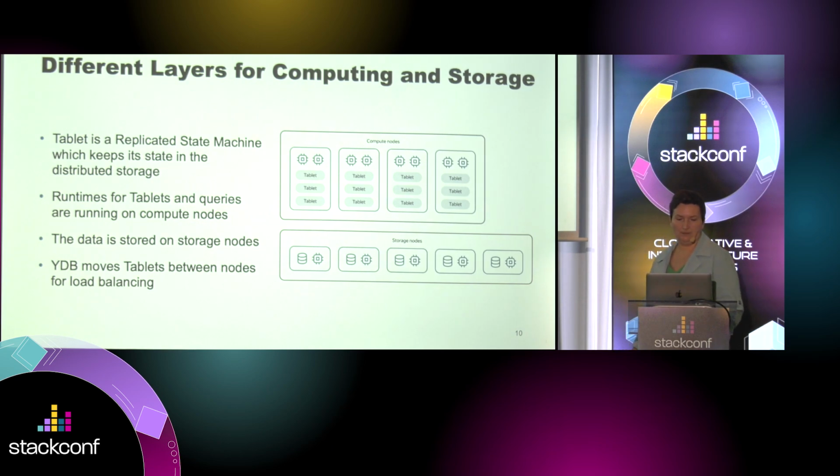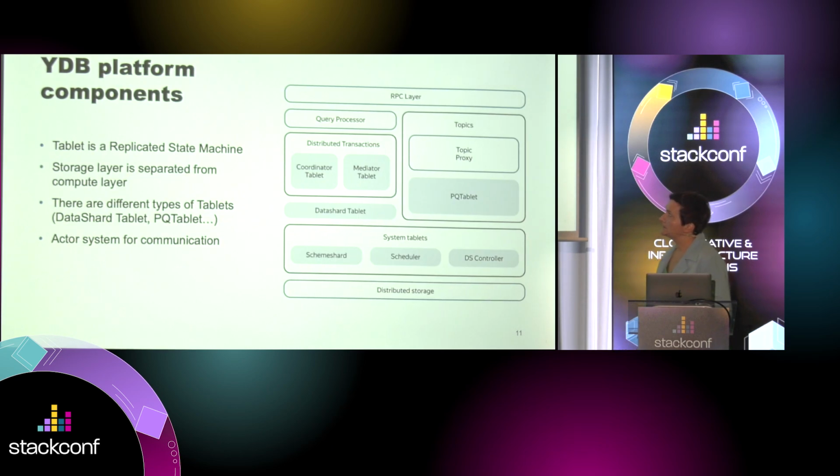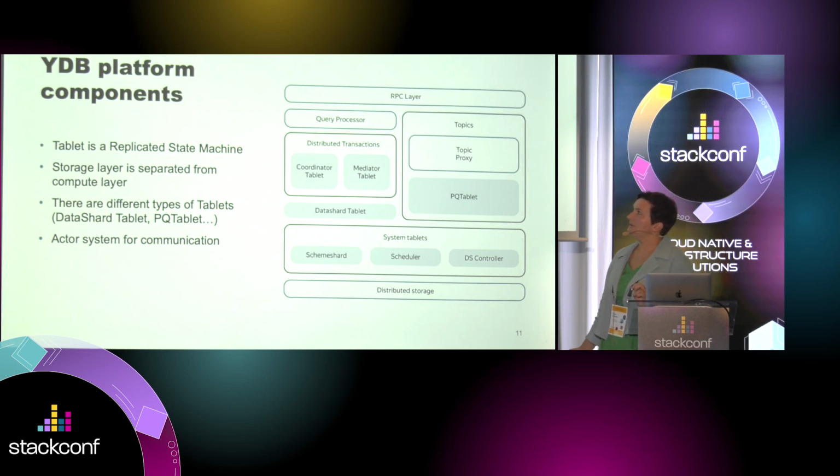And as you can see on this slide, here's a more detailed picture. We have different tablets for different tasks. First of all, we have tablets for serving data entities. We have the data shard tablet to serve tables.